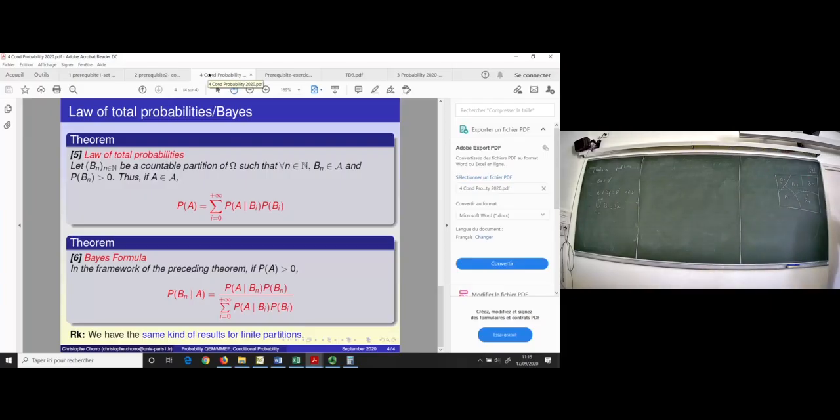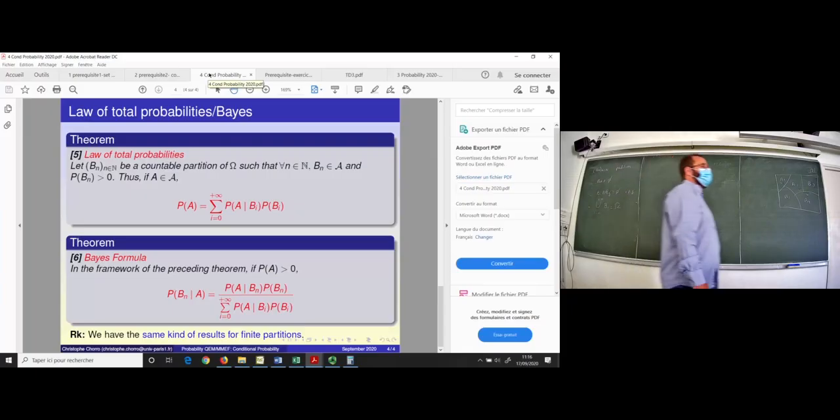It's something that we often use when we count, because if you have to count all the elements of omega, it can be boring, but sometimes it is better to count all the elements of B0, all the elements of B1, and so on, and do the sum at the end to obtain all the elements of omega. This is the intuitive meaning behind partitions. This is the definition of a partition I have reminded, I repeat, in the slides concerning the prerequisites. Okay?